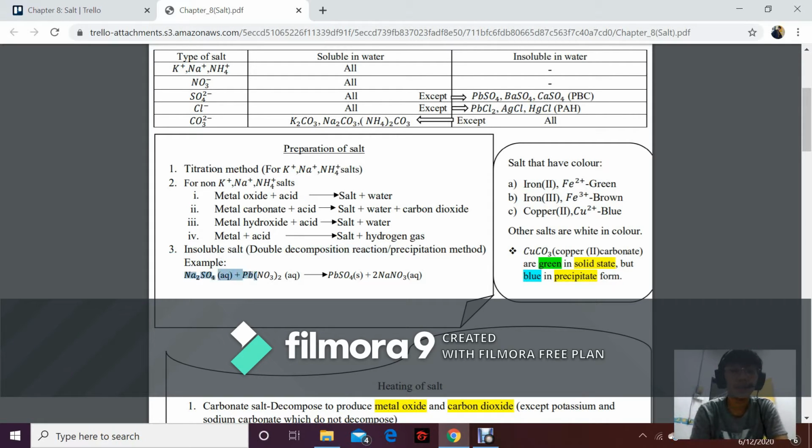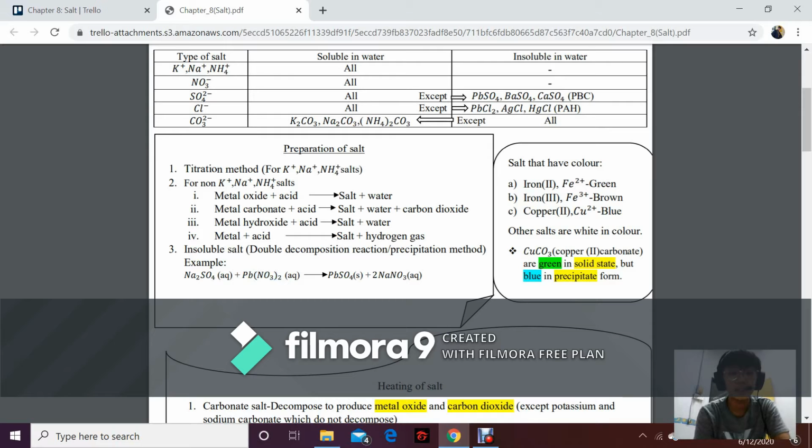So this is the example reaction: Na2SO4 and Pb(NO3)2. Okay, so Pb(NO3)2, the salt is soluble or insoluble? Quick recap. If you recap, I say all the NO3 negative nitrate salt are soluble.